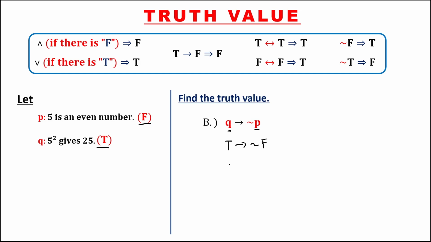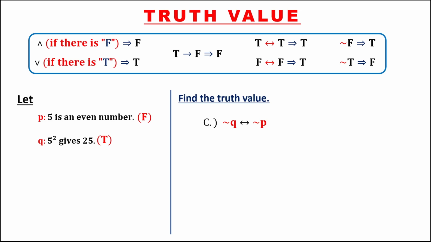Then to simplify, this one is true implies the negation of false, or not false, this one is true. Then again, for arrow, only true implies false is false, the rest are true. Since this one is true implies true, therefore the truth value for this compound statement is true.